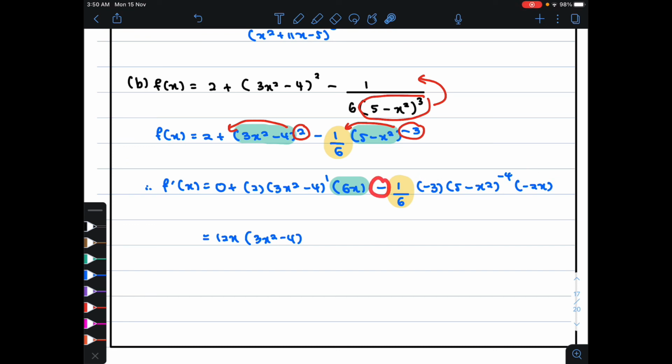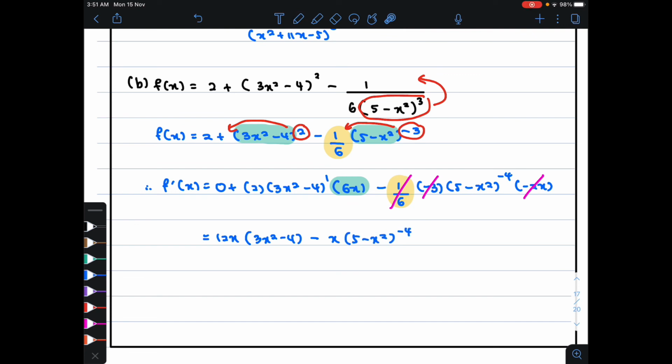So negative, negative, negative means it is negative. 1 over 6 times 3 times 2x is simply 1x only, which is x. But don't forget about this function here.